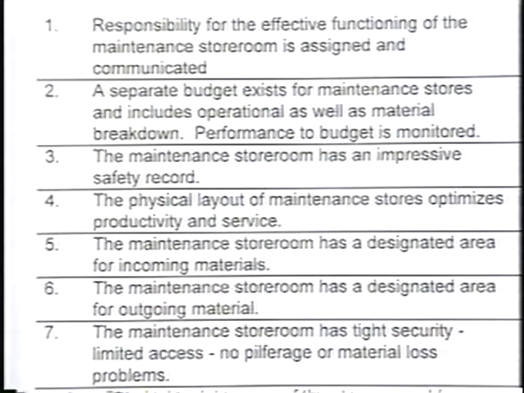Now, if you would turn the page, let me address just the first element and show you how that is accomplished. Number one, it says the responsibility for the effective functioning of the maintenance storeroom is assigned and communicated. That means that everyone that's going to rate you understands what the function of the storeroom is and how those storeroom activities are perceived by people in the maintenance operation.